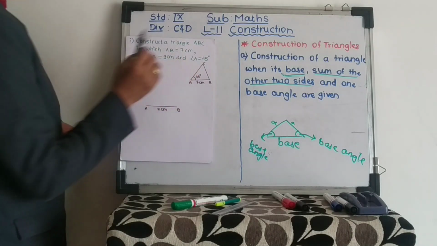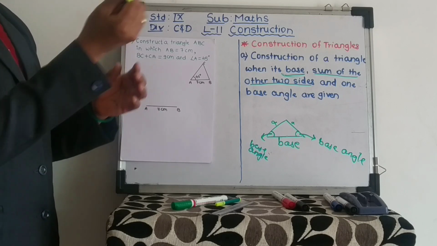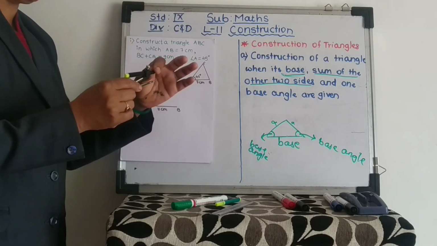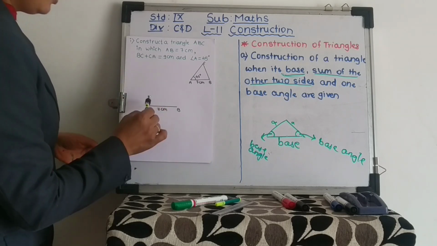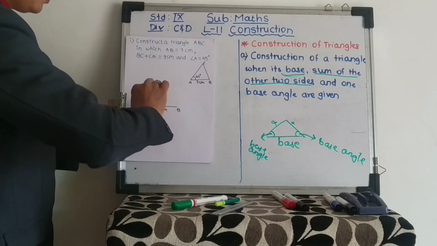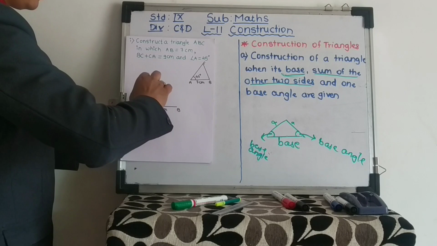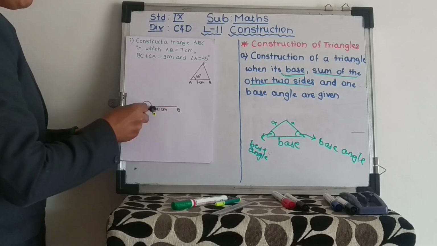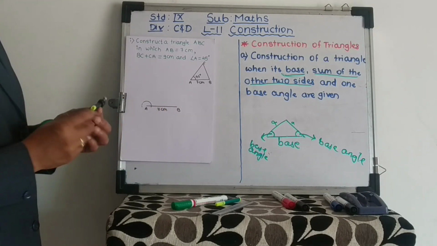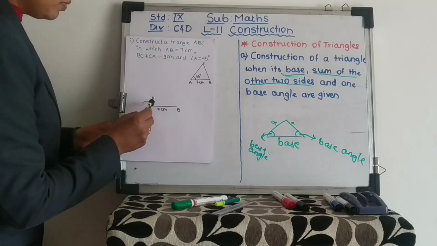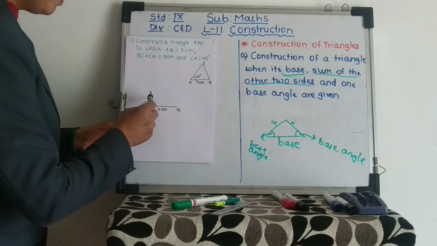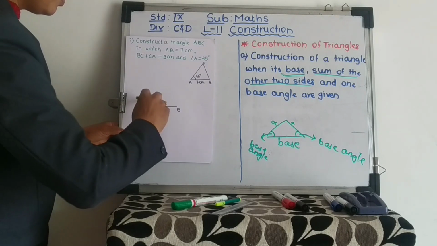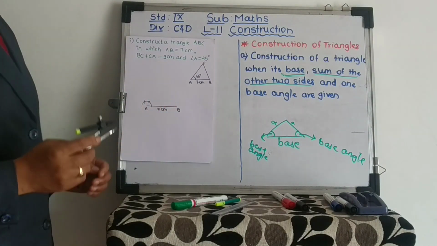The next step is to draw that 45 degree angle. We will take a sufficient distance in the compass, not too much and not too little, and draw one semicircle. Now we put the compass here and mark.